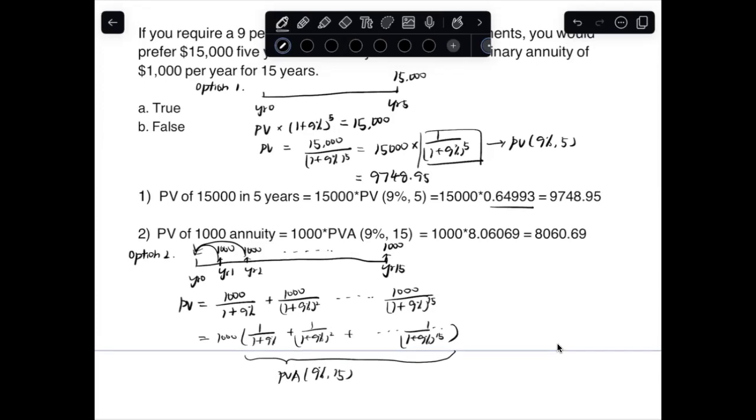And if you use a calculator, you will get 8.06069, equal to 8060.69. So you can see the present value of the first option is 9748.95, and here is for option 2, and option 1 is better, right?